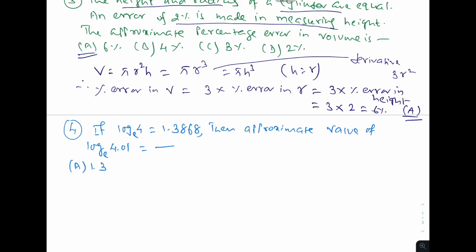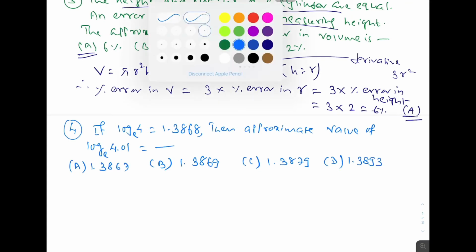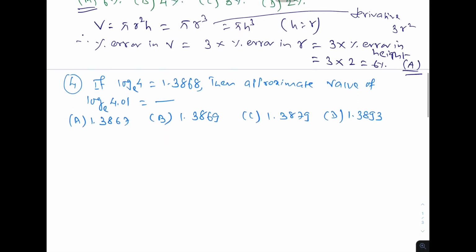Options are 1.3867, 1.3869, 1.3879, 1.3893. So now again this is not difficult.